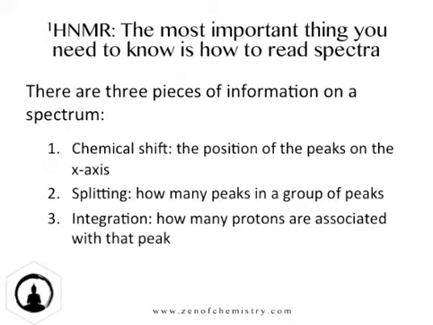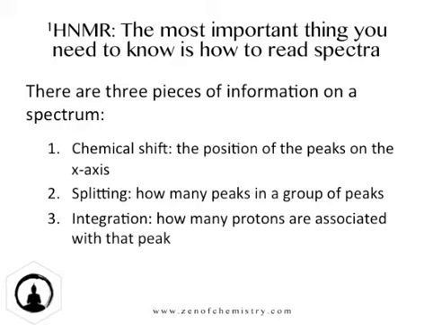Now, the most important thing you need to know to begin with is how to read NMR spectra. There are 3 pieces of information on an NMR spectrum. There is the chemical shift, which is essentially the position of the peaks on the x-axis. It'll look a little bit like an XY graph, kind of. We've got our splitting.